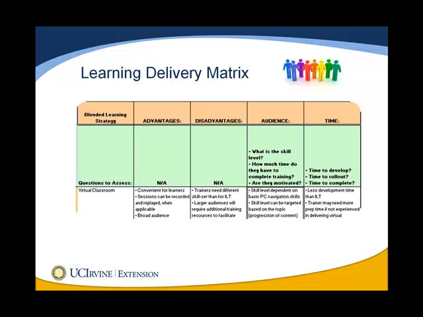This matrix, which is an excerpt, depicts the rationale behind choosing a delivery solution across three broad areas: e-learning, virtual classroom, or instructor-led classroom. It compares each delivery solution point by point, including audience, advantages, disadvantages, time to develop, scale, resources, content, and assessment. The complete matrix is available for you to use in this week's resources.